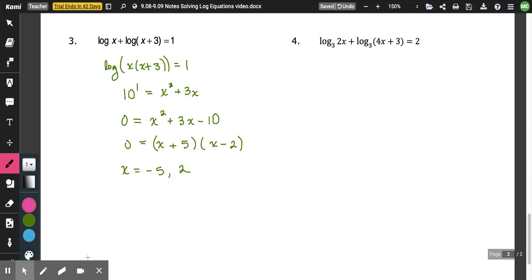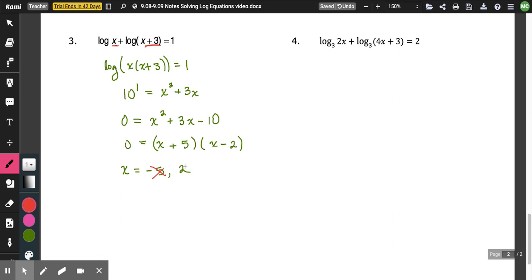Okay, once again, we do need to check our answers to make sure that they don't violate the domain of the logarithms. So whatever x is, when you put it in, it has to make sure that the arguments of your logarithms are still positive. So if I take negative 5 and put it in place of x here, that would say log of negative 5, which is undefined.